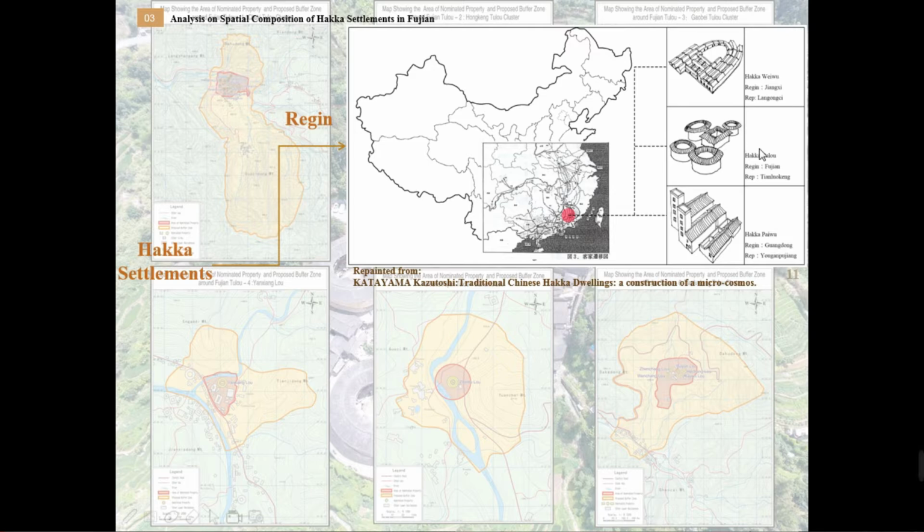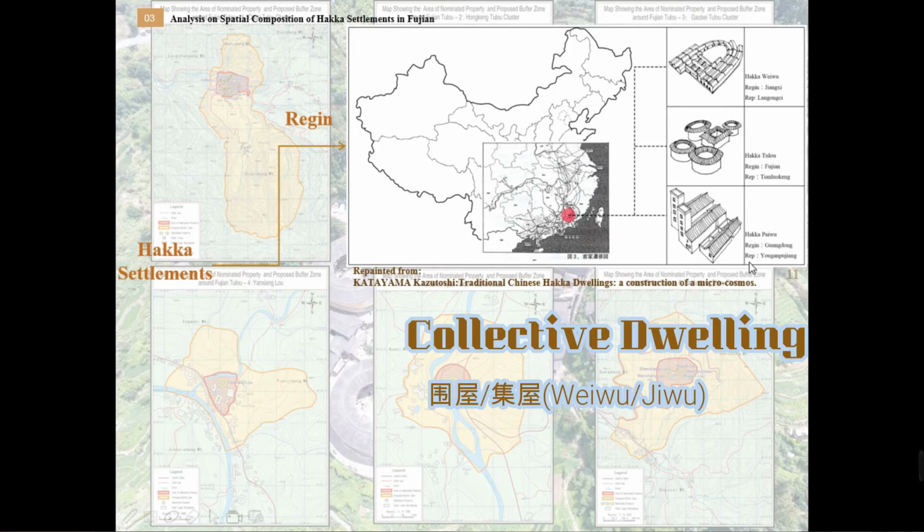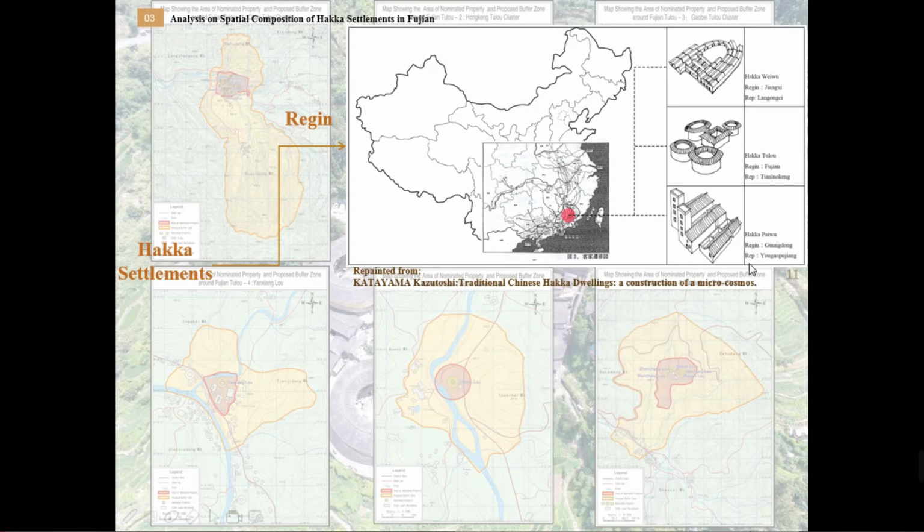The second is the Tulou, and the third is called Weiwu or Jiwu, which are also Hakka settlements located in Jiangxi and Guangdong provinces, next to Fujian, on the north and the south. So Tulou is not the only place for Hakka people; those 2 on the bottom and the top are also fields that we can research if you're interested.